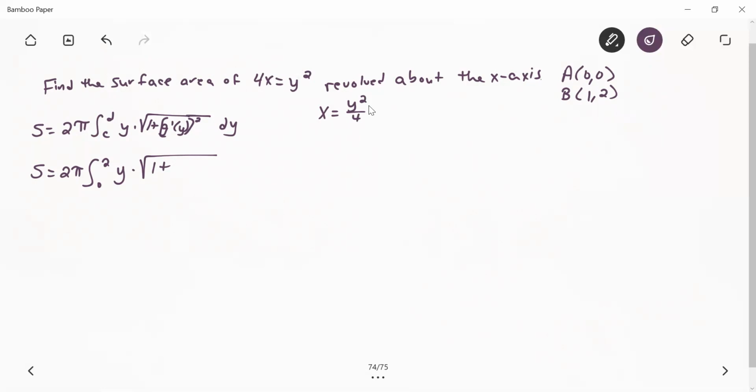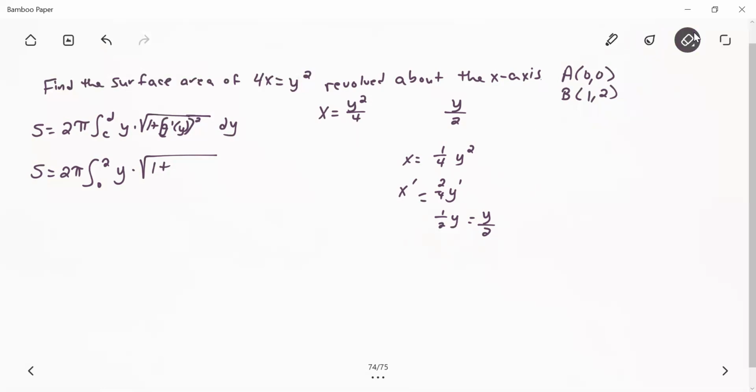If I found the derivative of that, the derivative of y squared over 4 gives me y over 2. You can think of this as 1/4 y squared, which gives you, you bring down the 2, so that gives you 2 over 4 y to the 2 minus 1, which is y to the first, which is 1/2 y, which is y over 2.